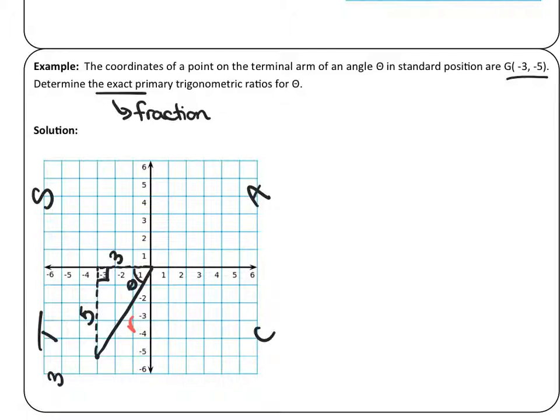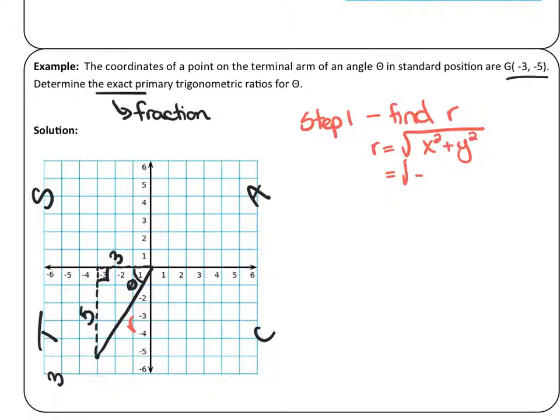So the first thing to do, step 1, is to find r. So we're going to calculate that. And as I showed you before, r is the root of x squared plus y squared. So we can just get that. X is -3, so it's -3 squared plus y, which is -5 squared.